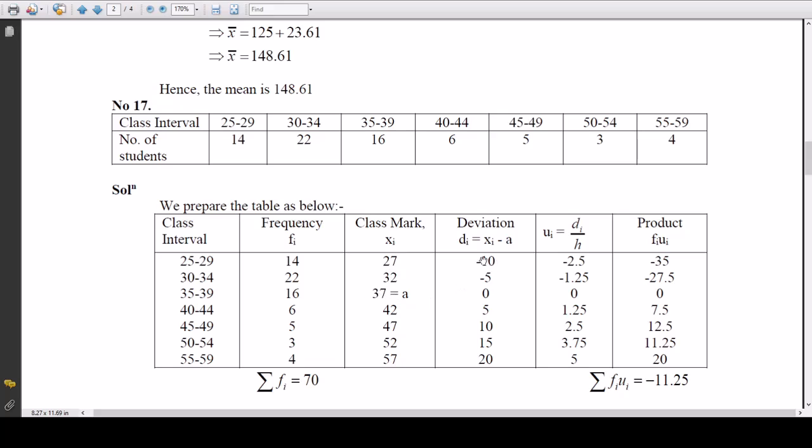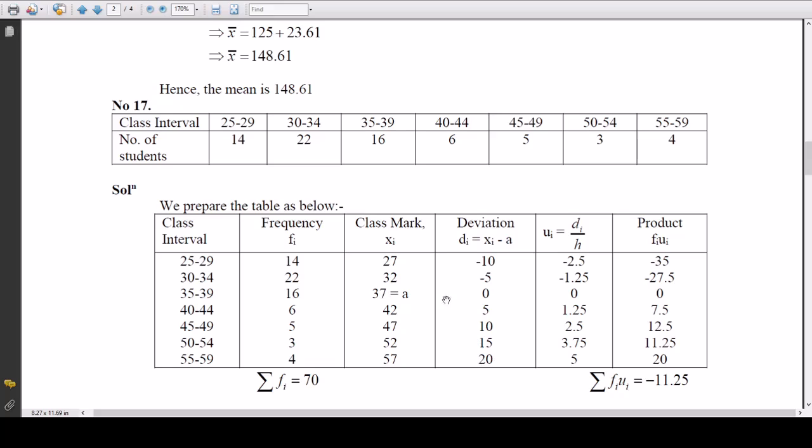Minus is greater, therefore we will get minus 10. 32 minus 37, you will get minus 5. 37 minus 37 is 0. 42 minus 37, you will get 5. 47 minus 37 is 10. 52 minus 37 is 15. 57 minus 37 is 20.